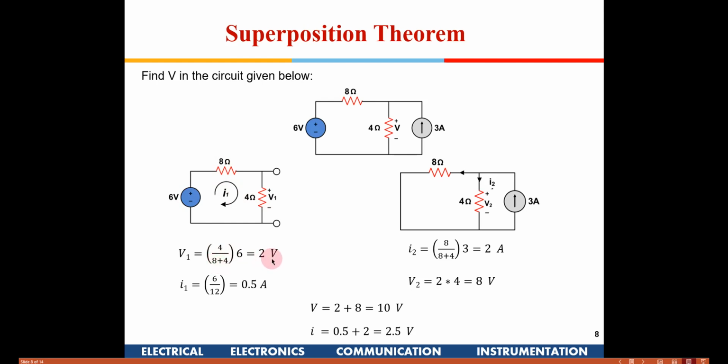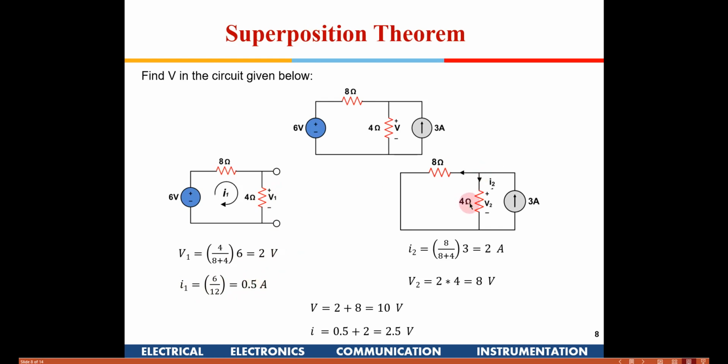I straight away get the voltage across the 4 ohm. And to find the current going into this 4 ohm, the total voltage is 6 and the total resistance is 8 plus 4, so 6 by 12. This is with the single source. The voltage across the 4 ohm is 2 volts, and the current flowing into the 4 ohm is 0.5 ampere.